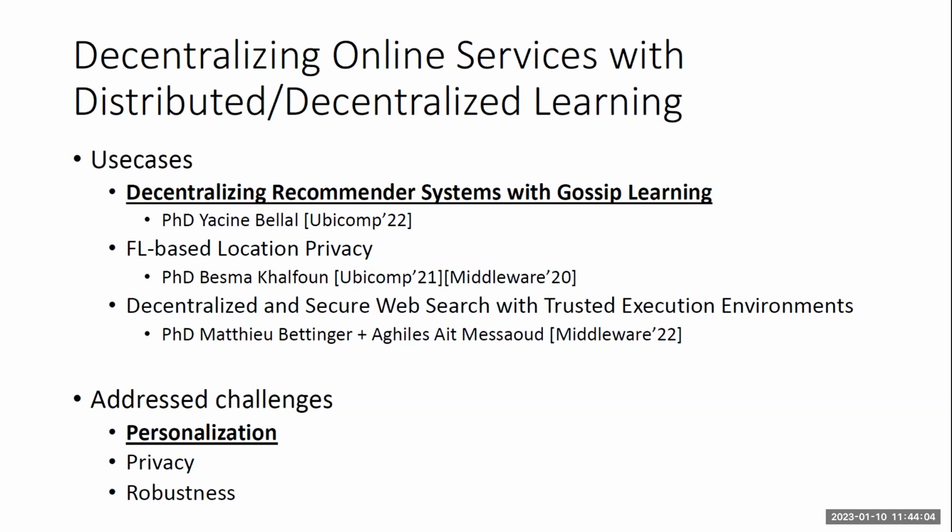We also investigated FL for improving location privacy in a decentralized distributed manner. And we also explore private, decentralized web search mechanisms, and try to secure them with trusted execution environments. And I'm happy to discuss these things with you during the break or this afternoon.